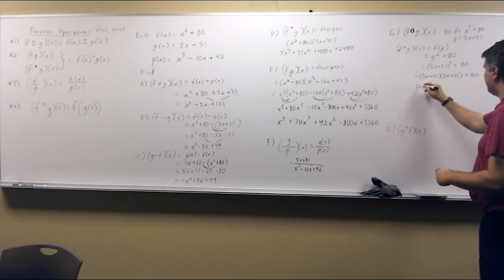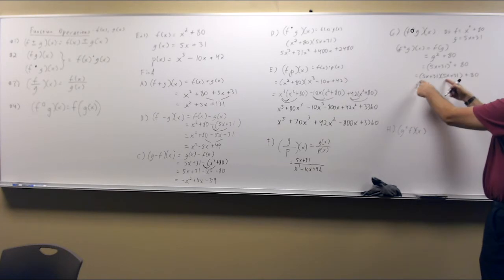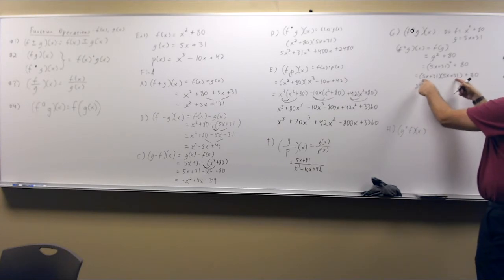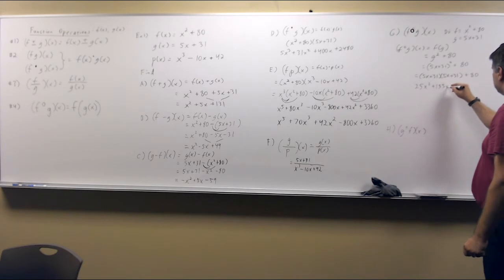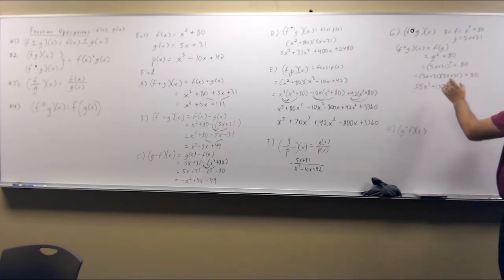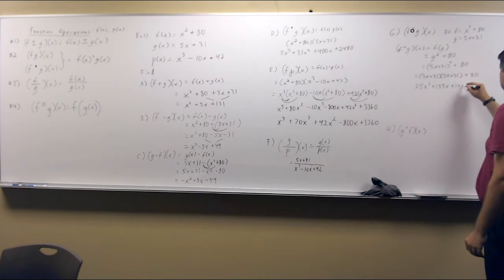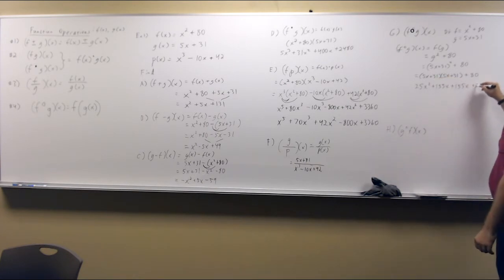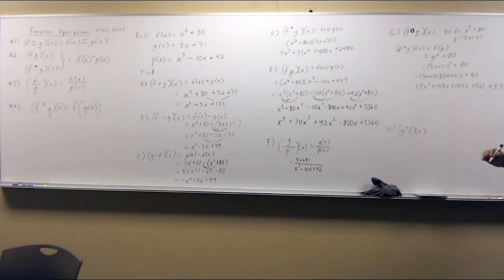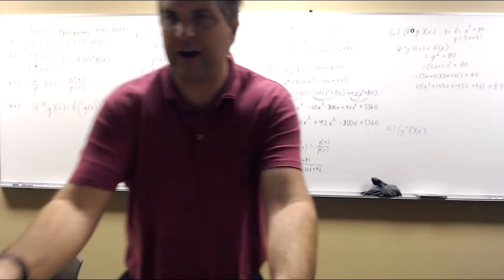That doesn't look very neat. 25x squared plus 155x plus another 155x plus 961 plus 80. Okay? That is what we're looking at for everything.